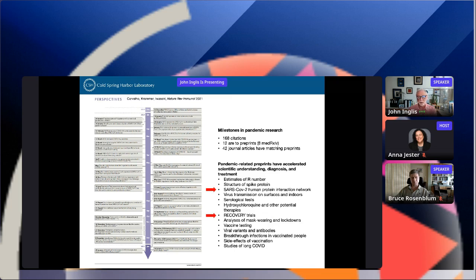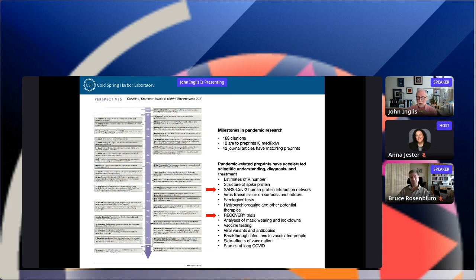But I thought this was a striking paper, a review article from early in 2021, looking back at the milestones in pandemic research in 2020. And to support their contention about what was important in pandemic research, they identified 168 citations. It turns out that 12 are specifically to preprints, 8 of them medRxiv, but 42 of those citations, those journal articles that were cited, have equivalent matching preprints.